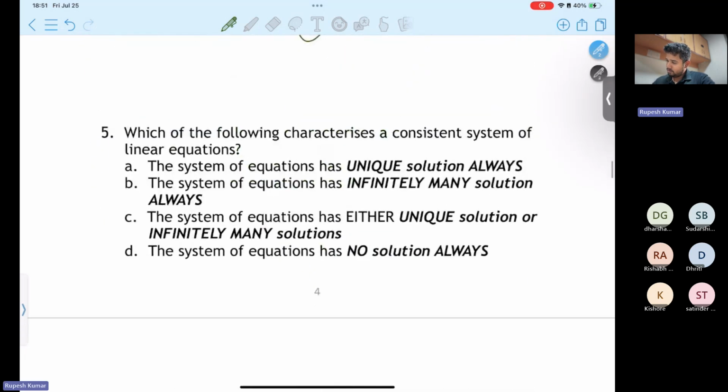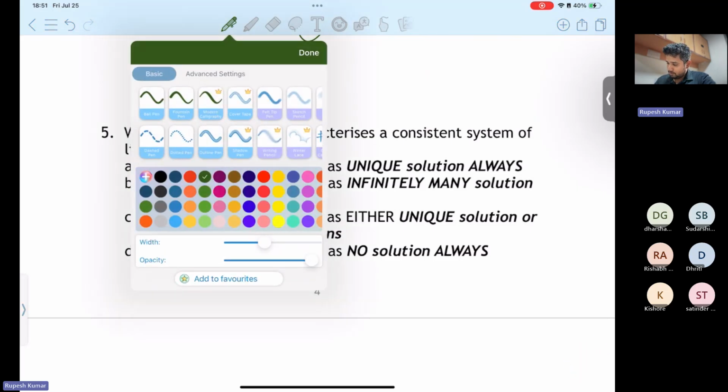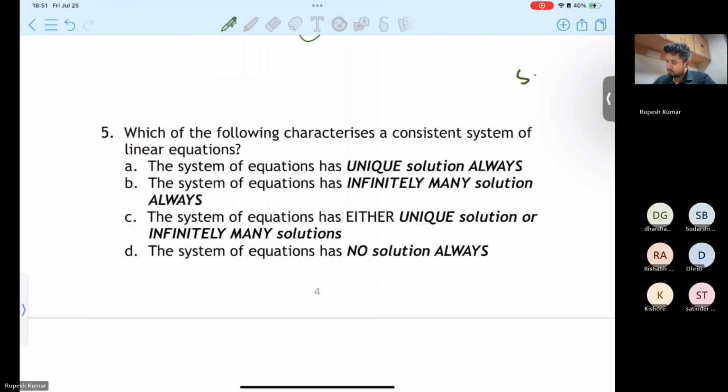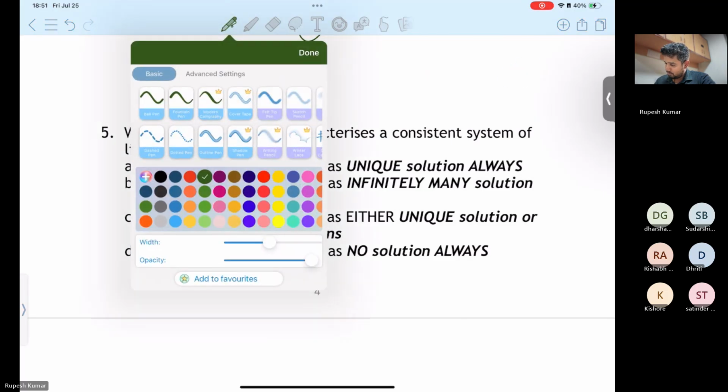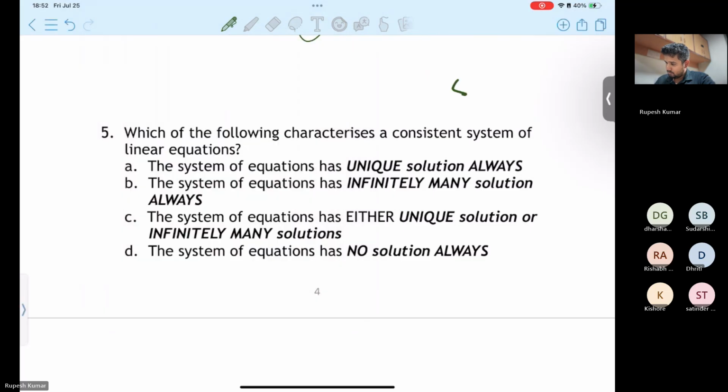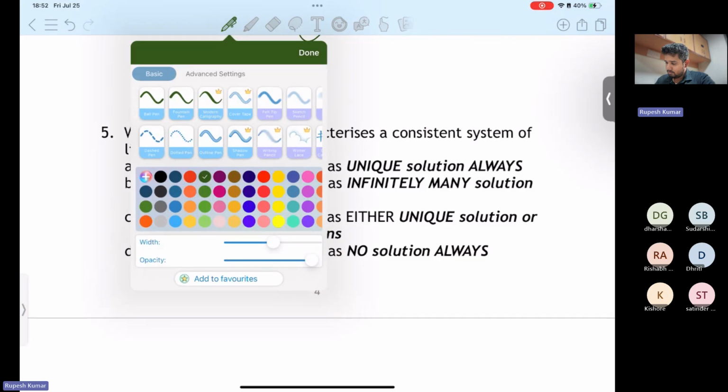So which one of the following characterizes a consistent system of linear equations? I hope you all remember this, right? So try to give a solution to me.